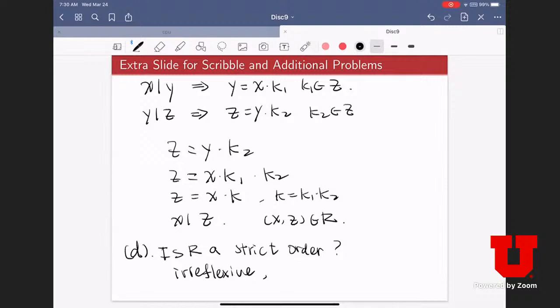So there's actually strict partial ordering and a strict total ordering. So I think right here, we're just talking about a strict total ordering. But yeah, so it is irreflexive, and antisymmetric, and transitive.